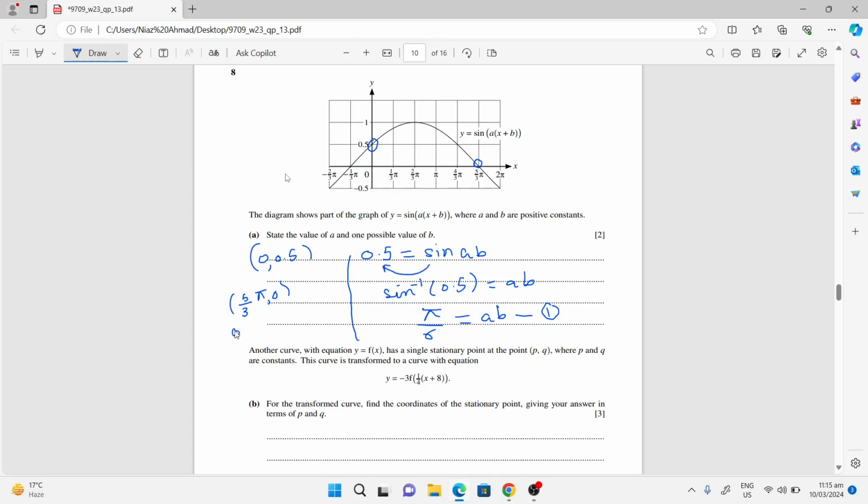If y is 0, then for the second equation, sine of (5 by 3 pi times a plus b) equals 0, plugging in the value of x as 5 by 3 pi. This is my equation.